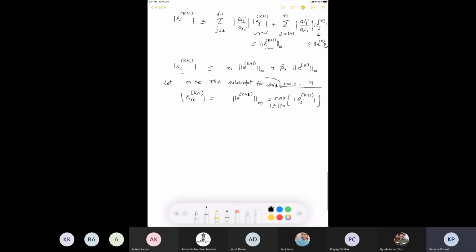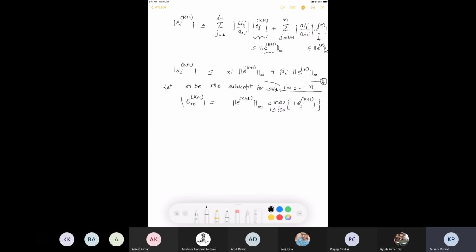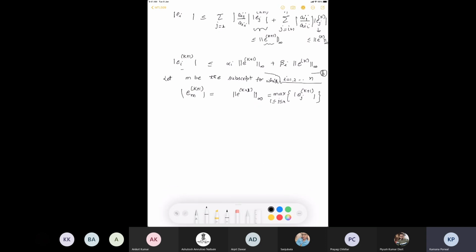Okay. So now this result, that is this equation, let's name it equation number 8. This holds for each i, right? So in particular, it will hold for i equal to m.